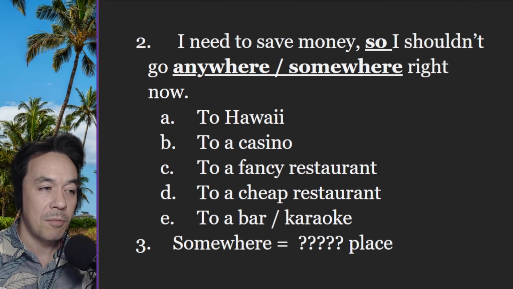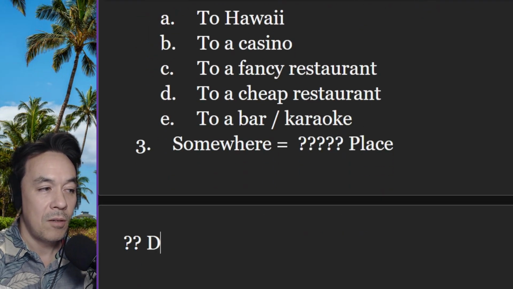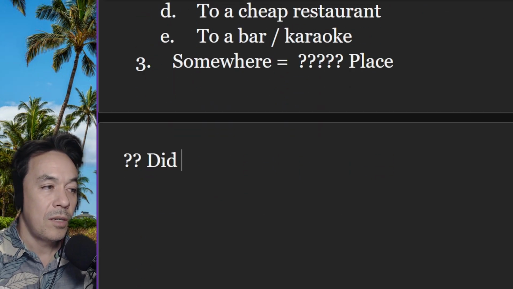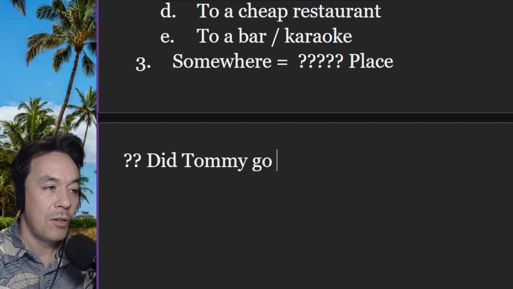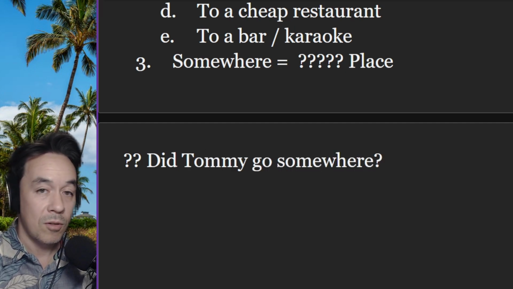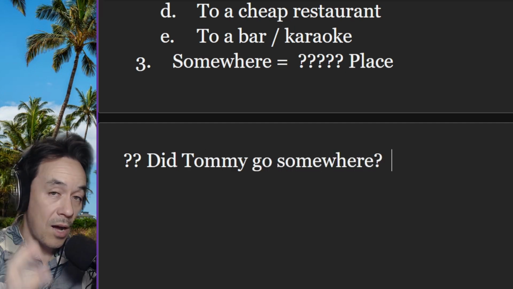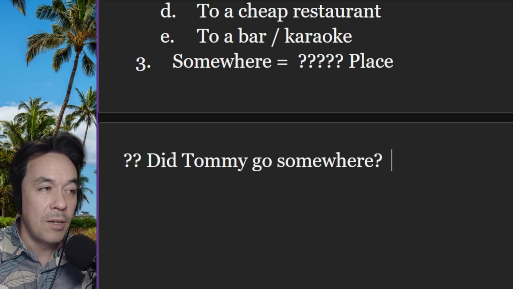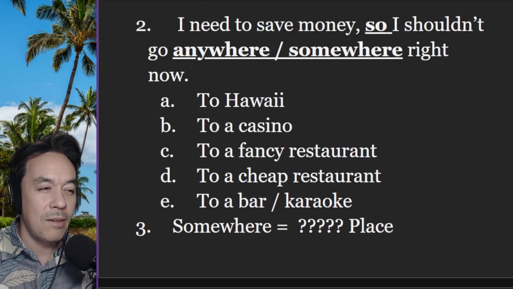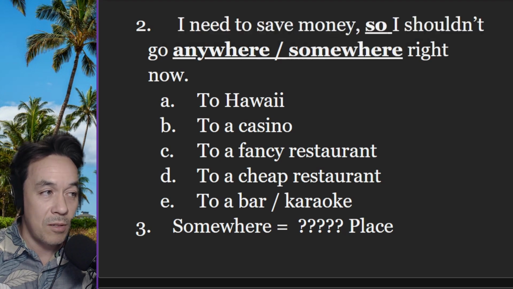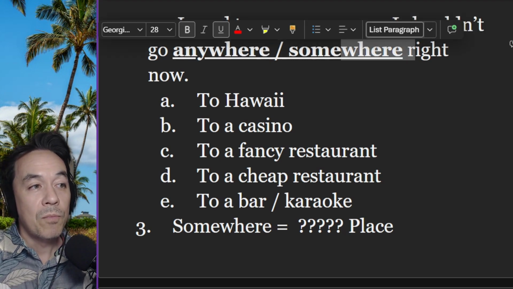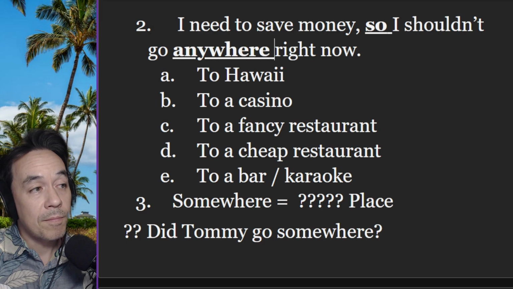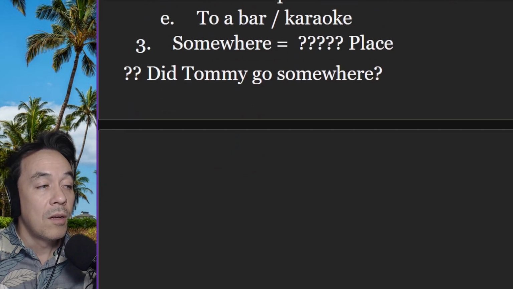So a question might be, oh, did Tommy go somewhere? So let's say Tommy's not here. So he went to a place I don't know. So you could say somewhere, but I would say anywhere. Okay, I'm gonna delete this. Okay. Next one.